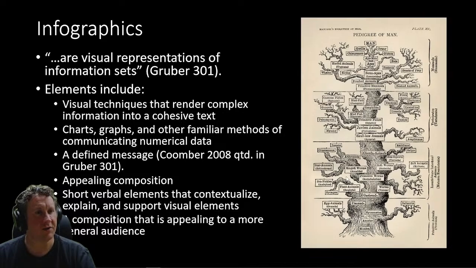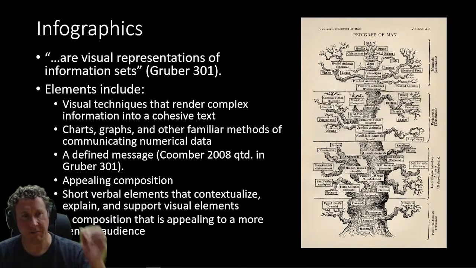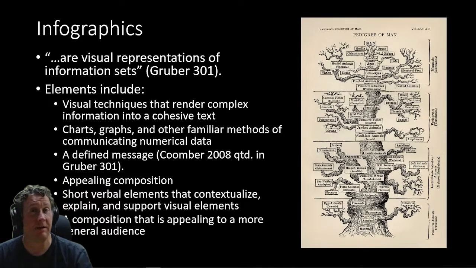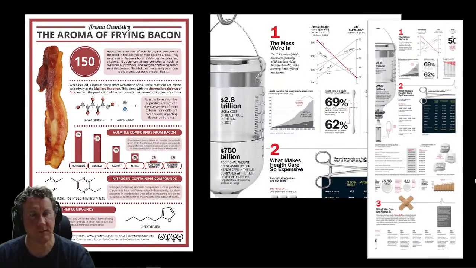And also, back to the appealing composition, it should be appealing to a general audience. So you usually don't see infographics that are geared at a very narrow audience. They're usually used to convey complex information to those who are not experts. Okay, here's a good example of one.